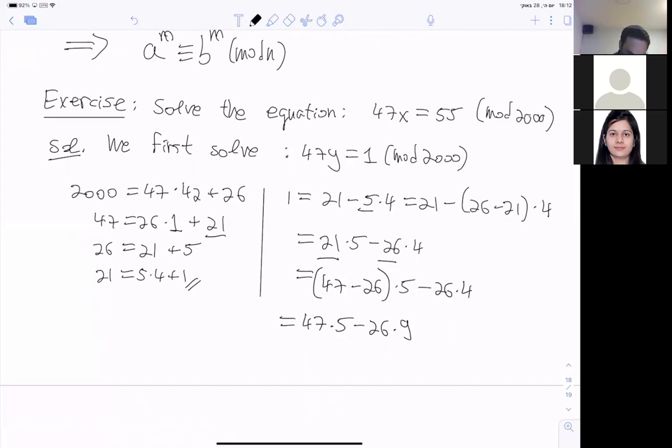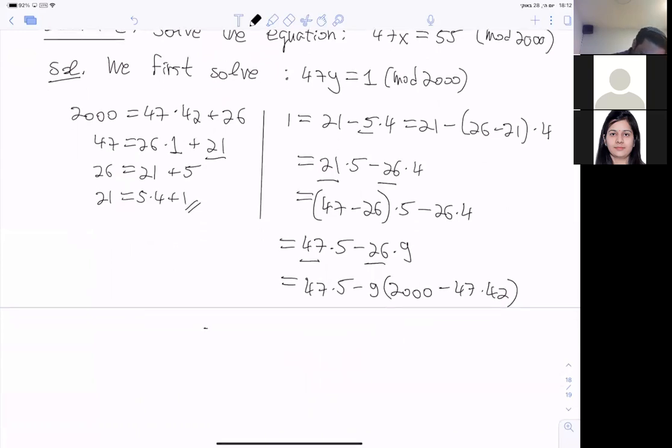You have here 47 and 26. So 47 is the queen, so we don't touch it. Instead of 26, I'm writing 2000 minus, okay, and then it is equal.